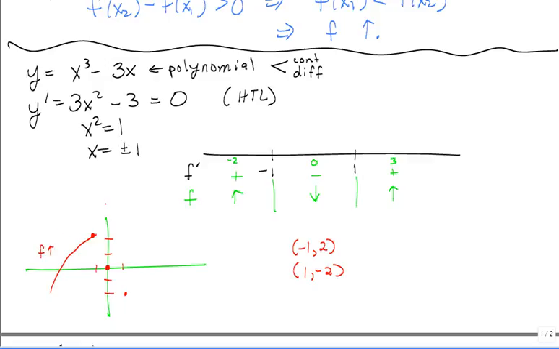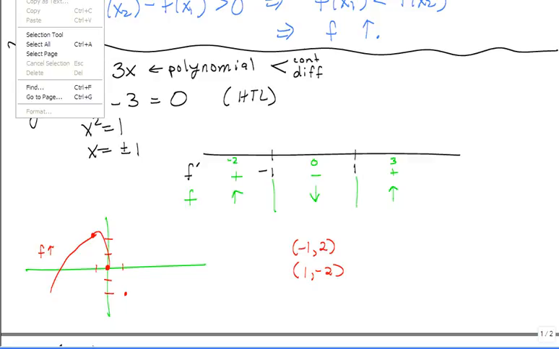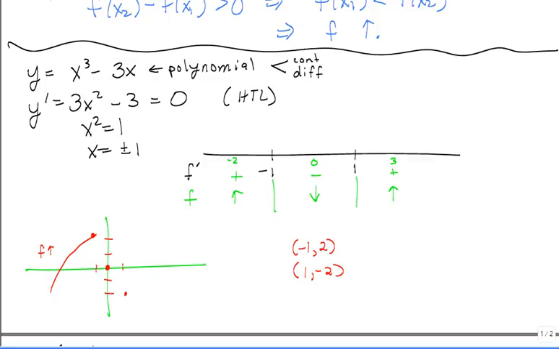F increases, then it decreases here and then increases. We know it's smooth because it's a polynomial.